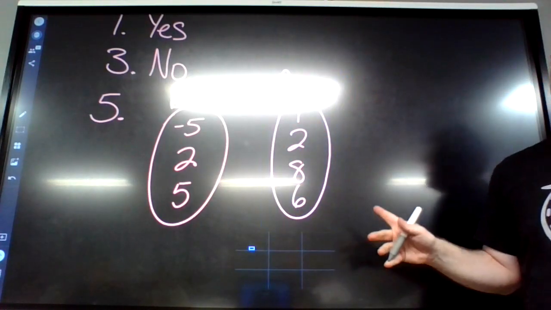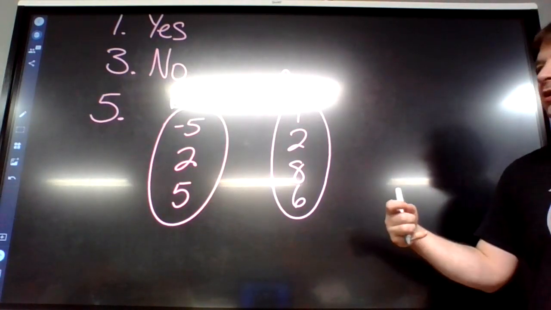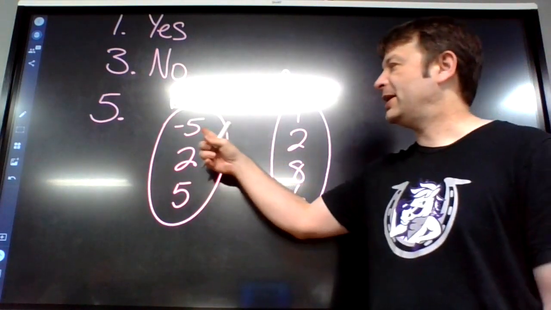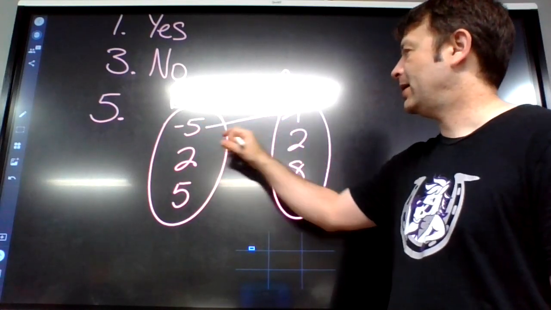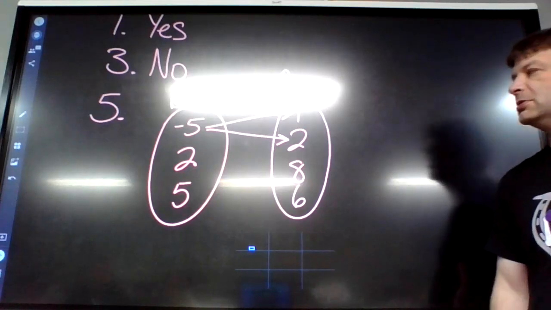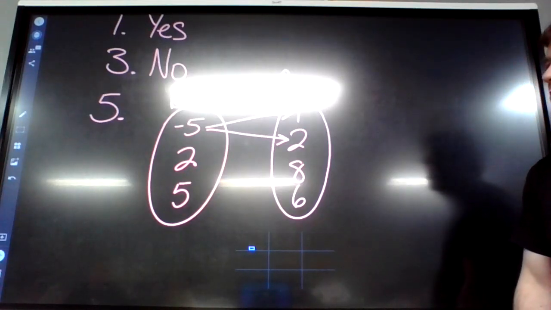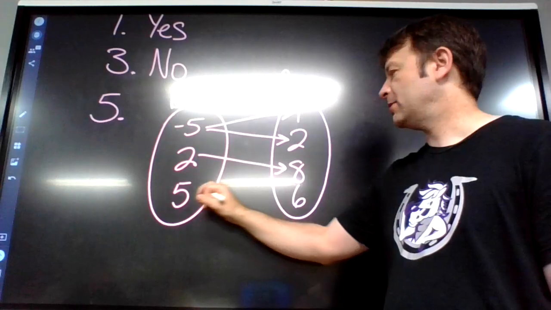Okay. Is it a function? Well, we're not there yet. To represent the relationship, we're going to draw arrows. So, what does -5 go with? 1 and 2. What does 2 go with? 8 and 5 and 6.